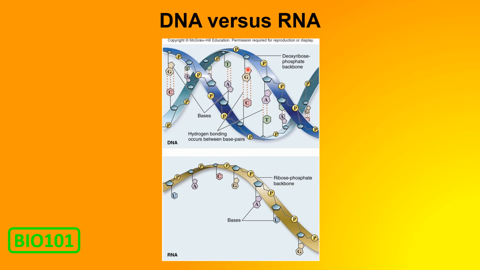But remember, C joins to G always in DNA, and A bonds to T, and these are hydrogen bonds, and that's what holds the double helix structure of DNA together.